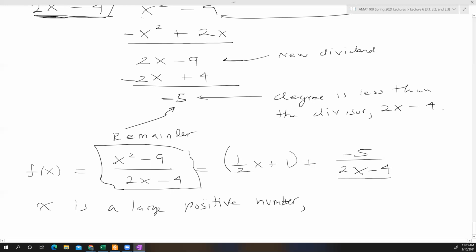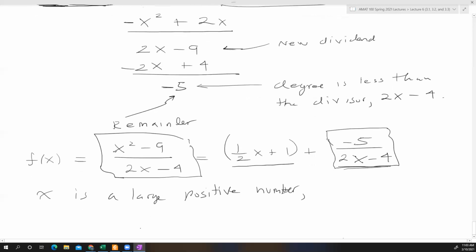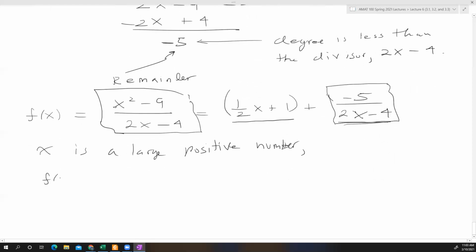So as x is getting bigger and bigger, this remainder is getting smaller and smaller. It's becoming dominated by this term right here. This piece is shrinking. So when x is a large number, f almost looks like it's approximately 1/2 x plus 1. So that's why the graph of the function gets very close to it.